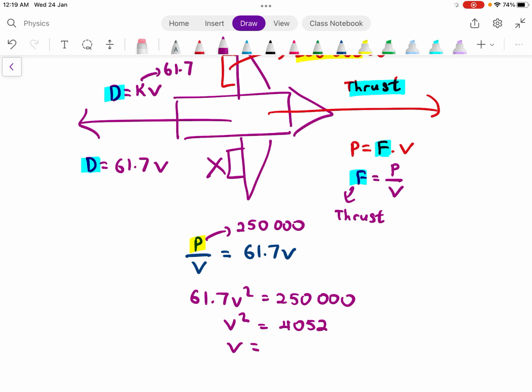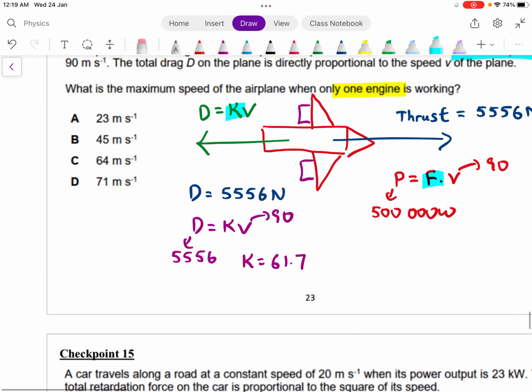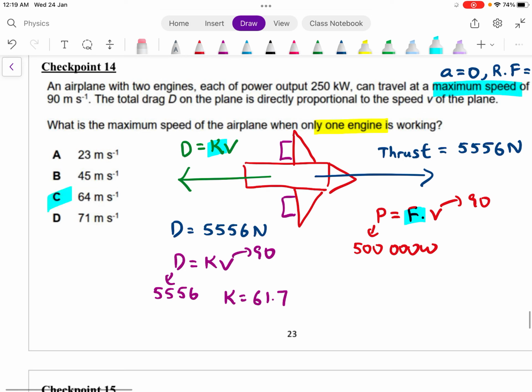Then you take the square root of 4052, which gives about 63.6, or round up to 64 meter per second. So the maximum speed you can go when only one engine is working is about 64 meter per second. So the answer for checkpoint 14 will be C.